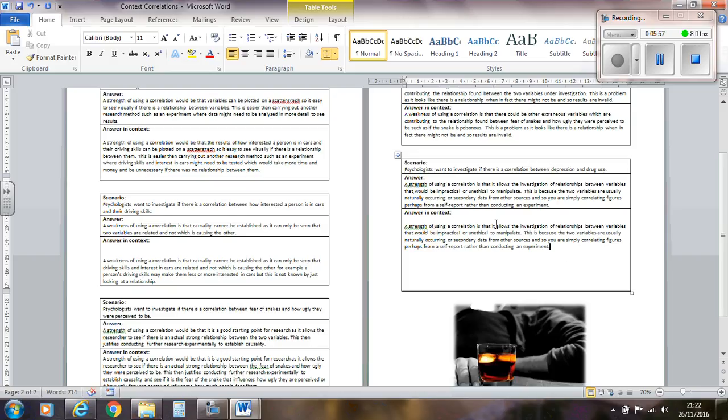The strength of using a correlation is that it allows the investigation of depression and drug use, which are variables that would be impractical or unethical to manipulate.